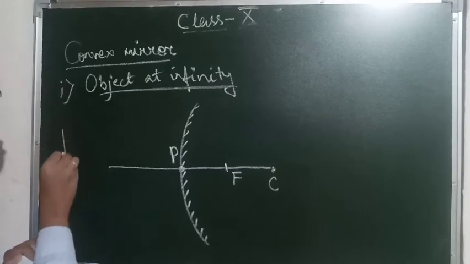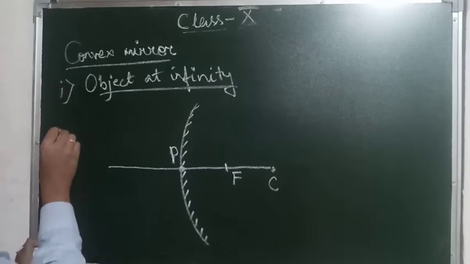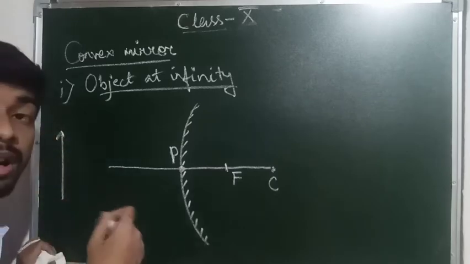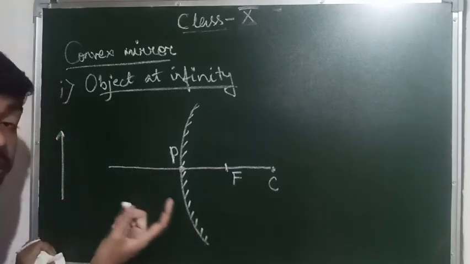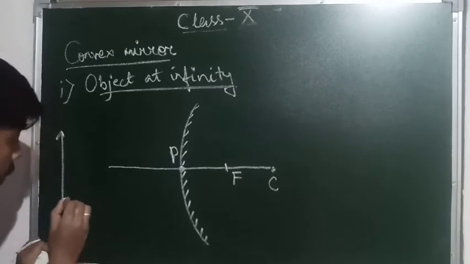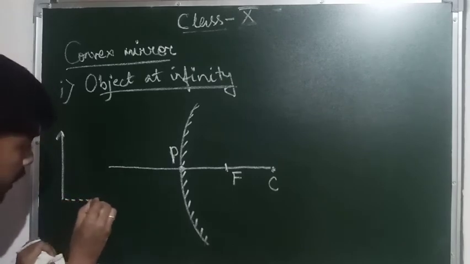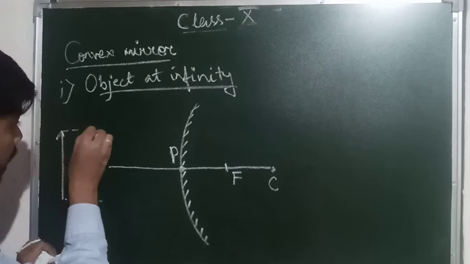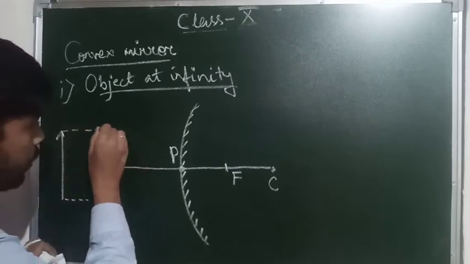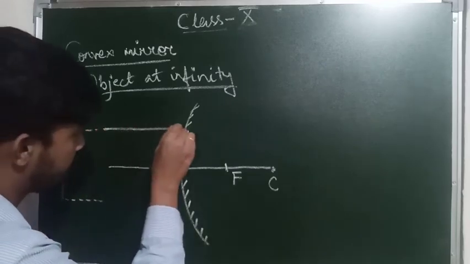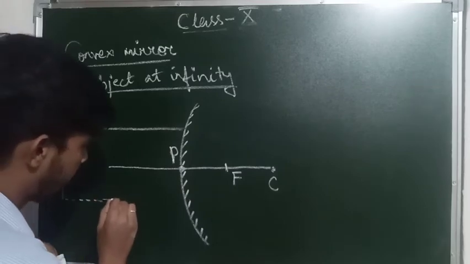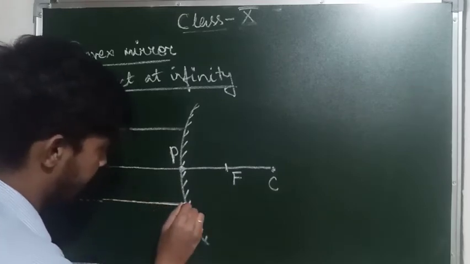We will take the object somewhere here, a little bit longer and bigger in size. As we have drawn earlier for the concave mirror, when the light comes from infinity, we first take shaded lines and then solid lines coming parallel to the principal axis.